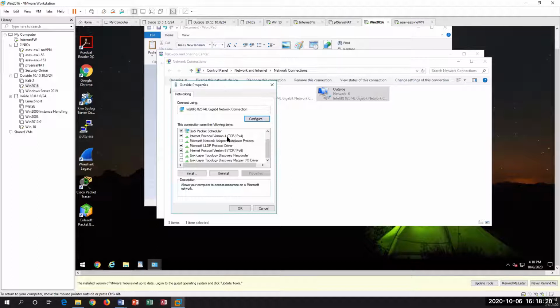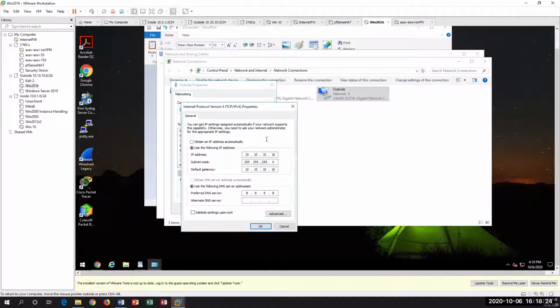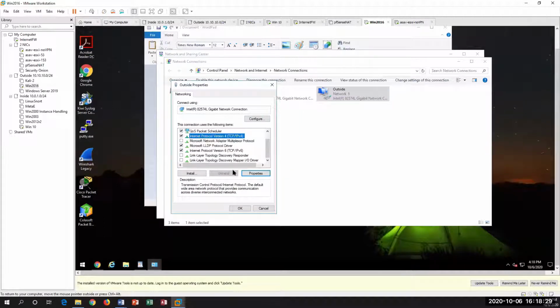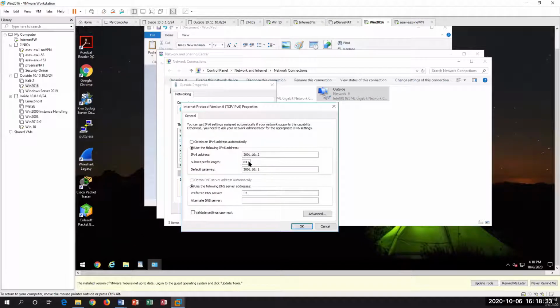And leave the V4 address, which is 10.10.10.16, and we are going to SSH into the ASAV to copy paste some of the commands. In the IPv6, we use static, which is 2001:10:2. And I mentioned that in this exercise, we're going to make it 1, right? And the default gateway is actually FEA0:10. So that is for this particular portion of the exercise.